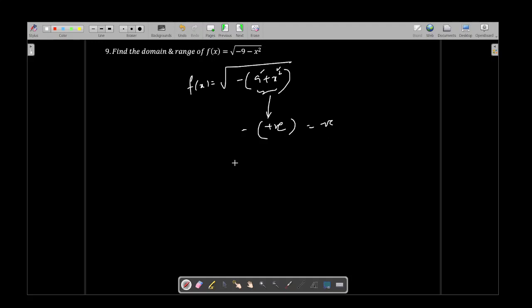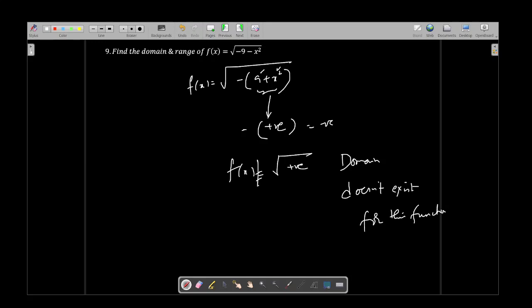So you won't get f of x as square root of a positive value. So domain does not exist for this function. Since domain doesn't exist, range also doesn't exist.